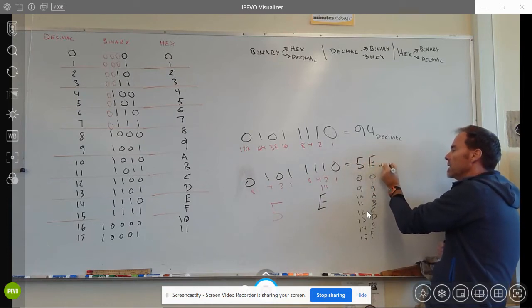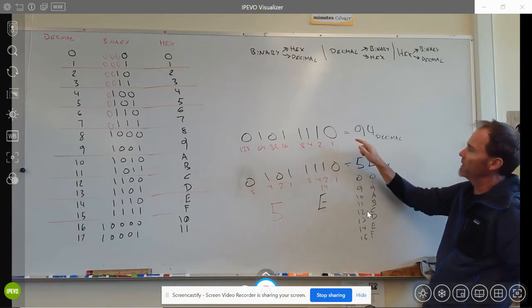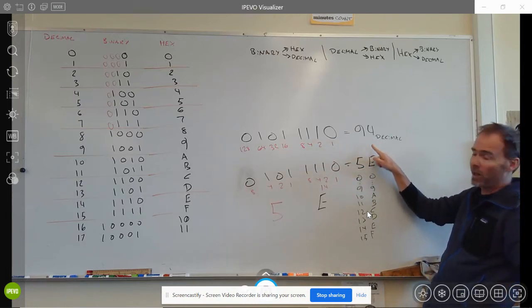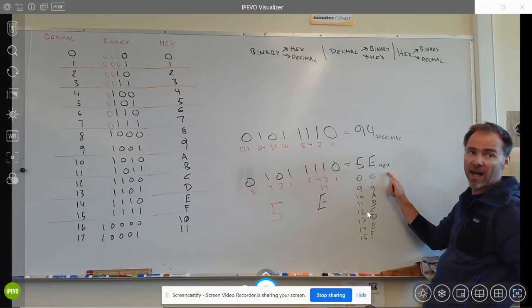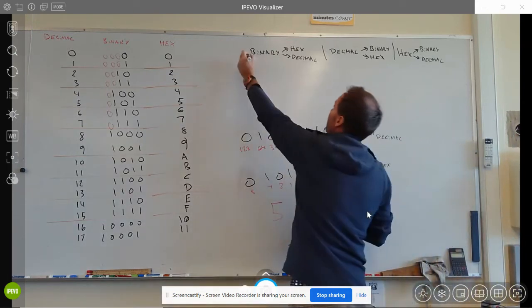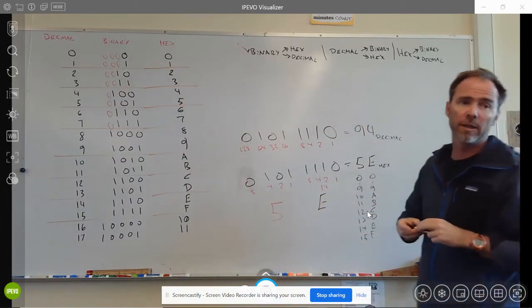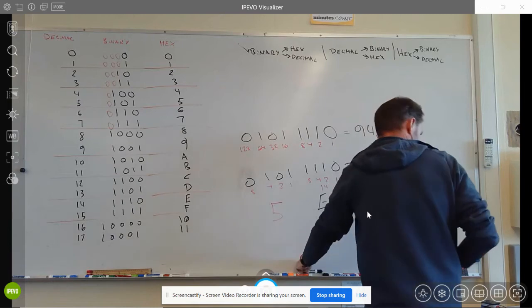So 0, 1, 0, 1, 1, 1, 1, 0 is the same as 94 in decimal, the same as 5E in hexadecimal. Bam, that takes care of binary to hex and decimal, the easiest one of them.